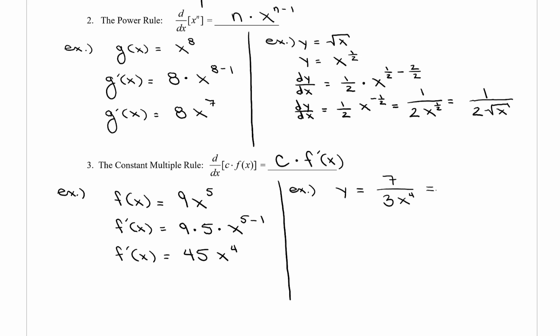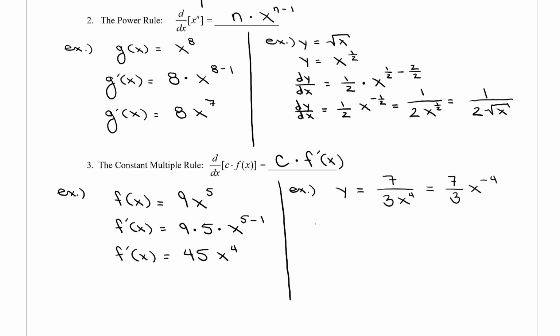First, I would rewrite this function as 7/3 times x to the negative 4th power. So here, my 7/3 is going to represent the constant. I'm going to write that out in front, separated from my x to the negative 4.